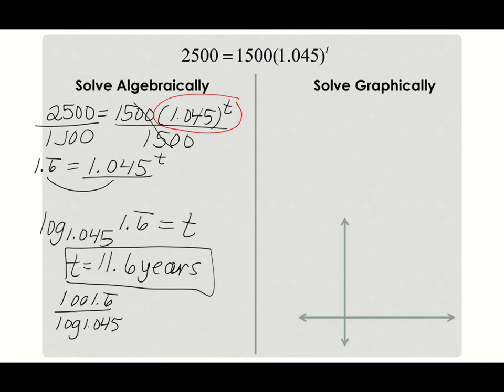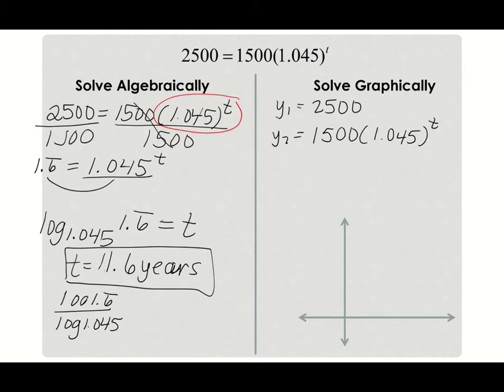Now we can also solve graphically because that's something we learned how to do previously as well. Well, if we have two things set equal to each other, remember, we can plug this into y1 and y2. So y1, we're going to have 2,500, and in y2, I have 1,500 times 1.045 raised to the t.